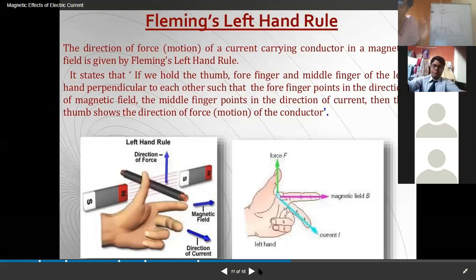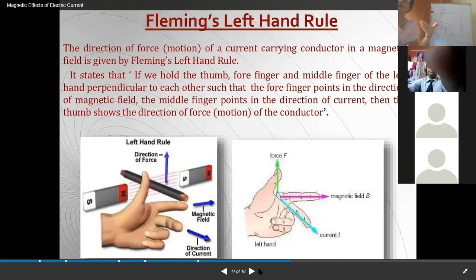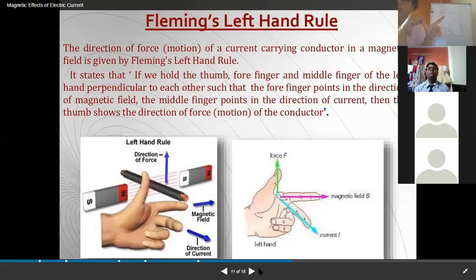The direction of the force can be found out by using Fleming's left-hand rule. Now what is Fleming's left-hand rule? Fleming's left-hand rule says to keep your thumb, forefinger and middle finger in such a manner that they are mutually perpendicular to each other.